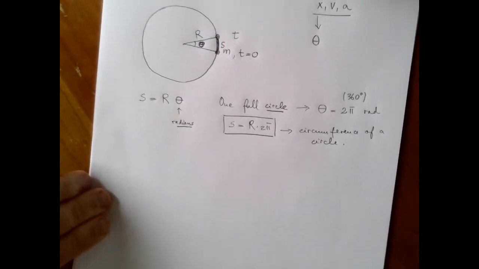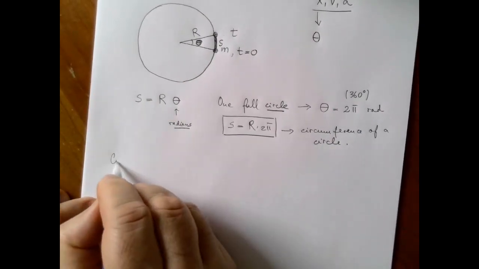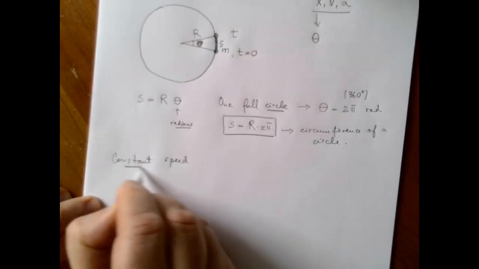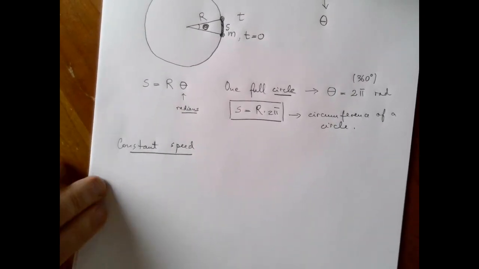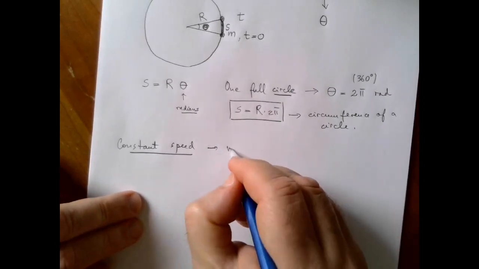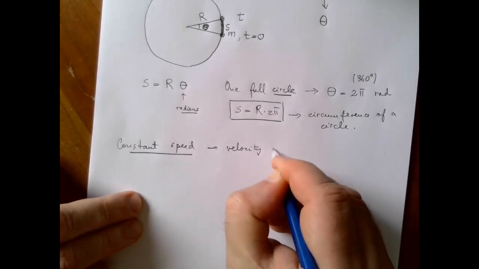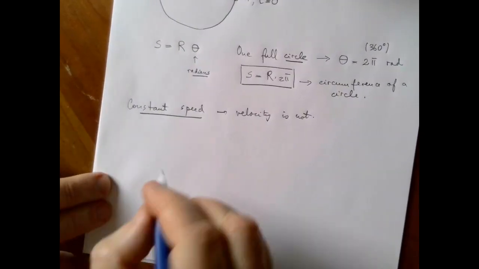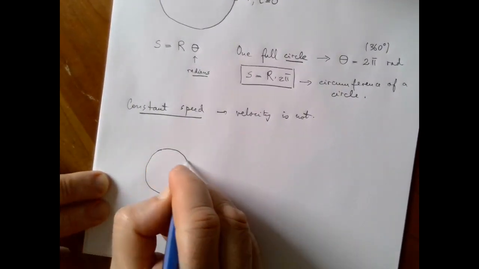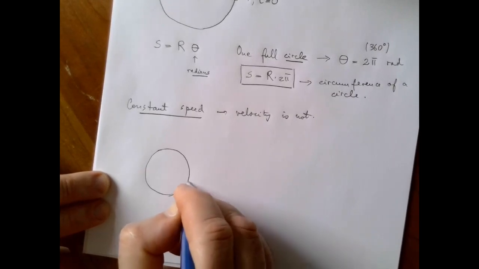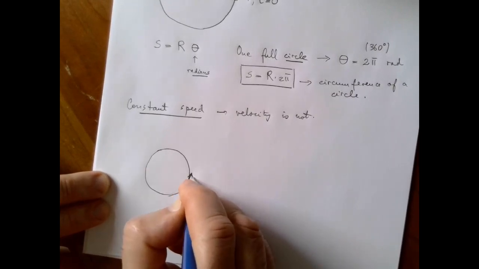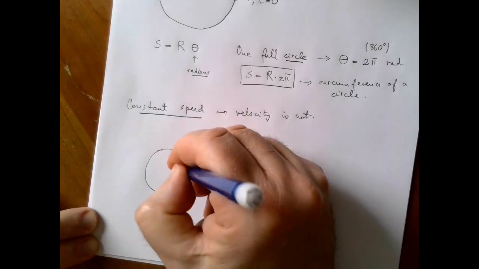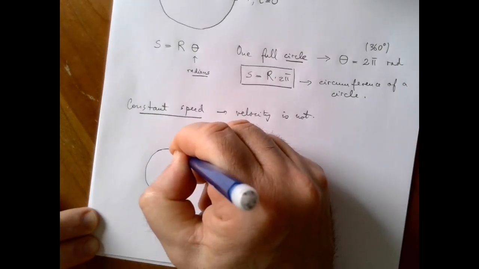Well, the particle is moving. So although the speed is constant, the velocity is not. The particle is moving on a circle. Here, the velocity looks like this, while here, it looks like this.